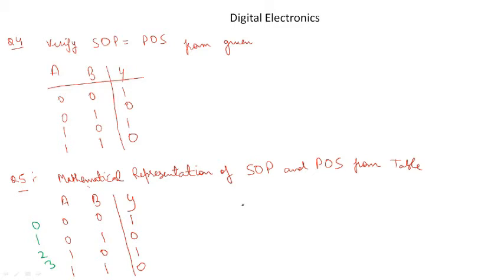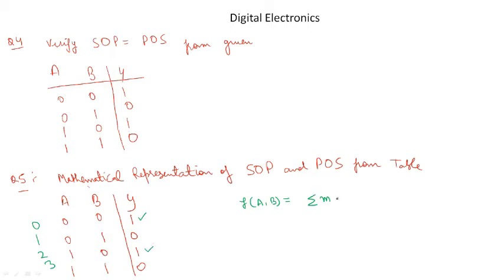Now 0, 1, 2, 3 are the decimal numbers. For the mathematical representation of the SOP form, we can write it as F of A, B, where these are the input variables, equals sigma small m. It means these are min terms, so we have to find the decimal numbers for which we have the output 1. You see here that for the decimal number 0 we have the output 1, and for the decimal number 2 we have the output 1.